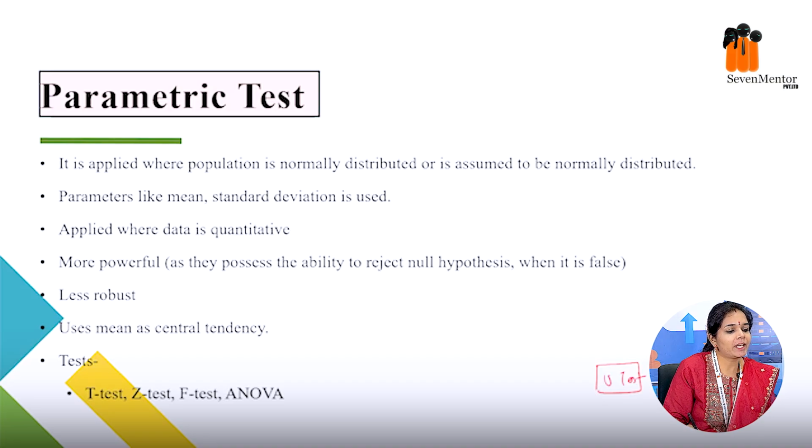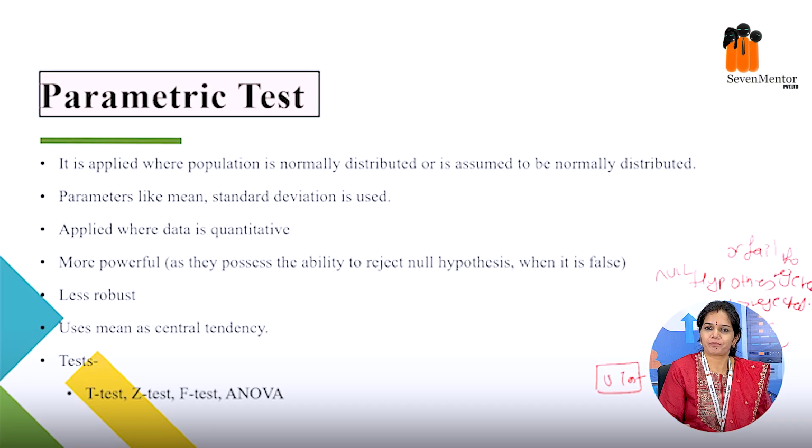If I get the value of P greater than or less than 0.05, then we come up and say the null hypothesis is rejected or fail to reject. Clear?